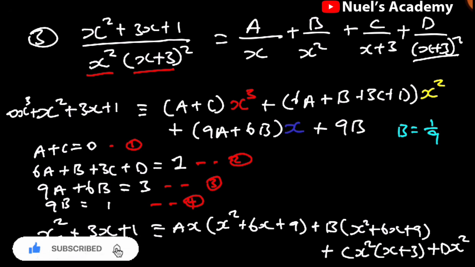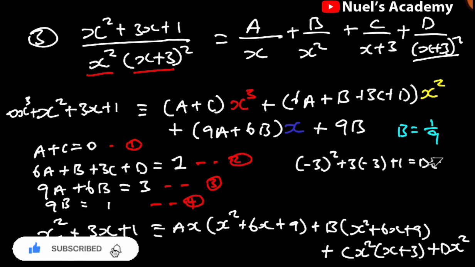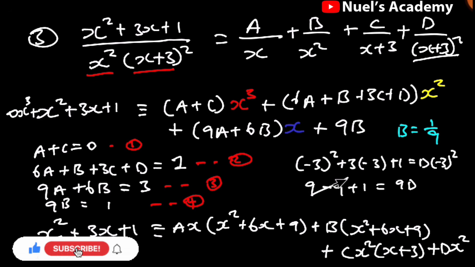So if we set x to be -3, we're going to have -3 all squared plus 3 multiplied by -3 plus 1 equals d multiplied by -3 all squared. -3 squared is 9, plus 3 times -3 is -9, plus 1 equals -3 squared, which is 9, multiplied by d. 9 minus 9 is 0.